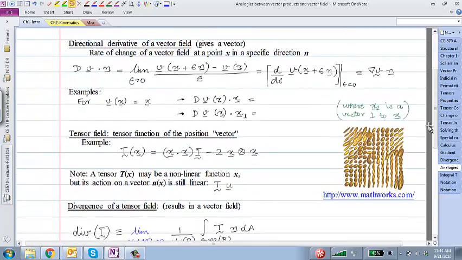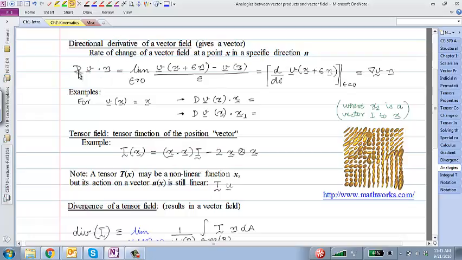All right, very similar to what we had in scalars. In scalars, we had something called the directional derivative, right? Which measured how a scalar field changes if I go in a particular direction. Gradient of a scalar field measured how the scalar field would change in all possible directions. But directional derivative told me how the scalar field changes in a particular direction. We have a similar concept in vector fields as well.